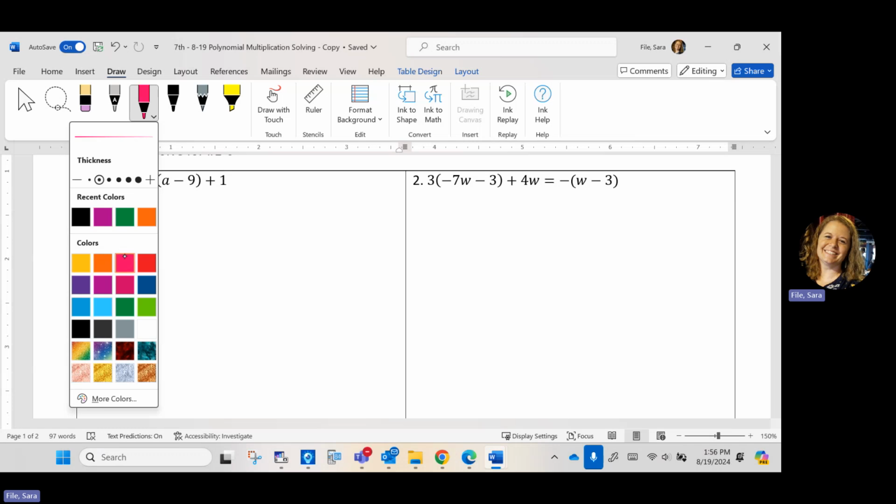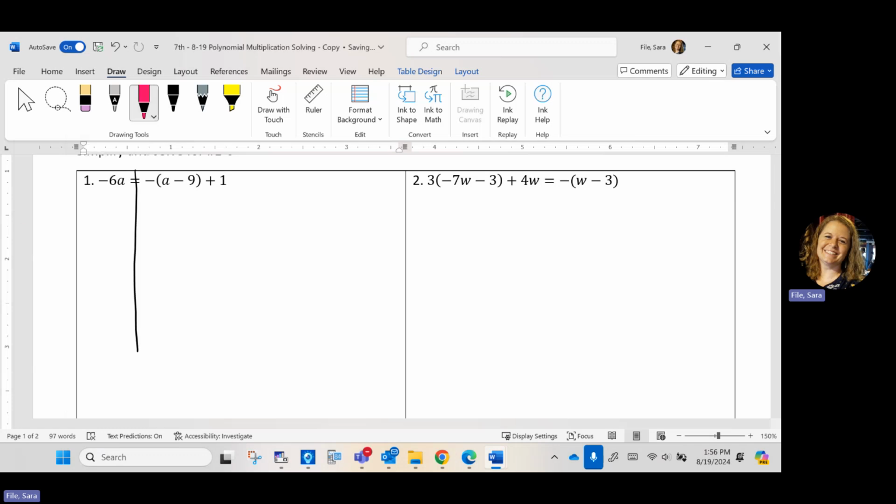Okay, so on the right side, I see a set of parentheses, and this negative is out front, which means it needs to be distributed to everything inside the parentheses. In this case, it's just a negative, so all it's going to do is change the sign of all the terms in that parenthesis. So it's going to become negative a plus 9.